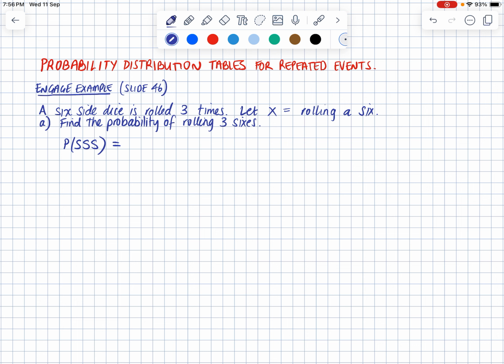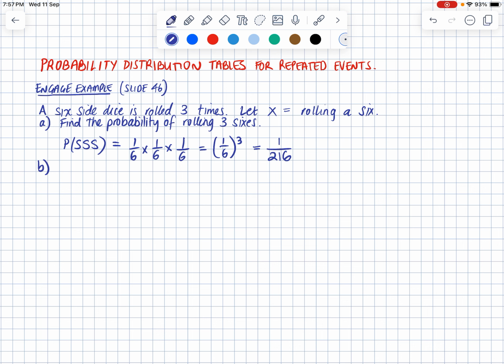Each roll is independent, so I can simply do 1/6 times 1/6 times 1/6, or even better, 1/6 to the power of 3, which in this case is 1 out of 216. Perfect.